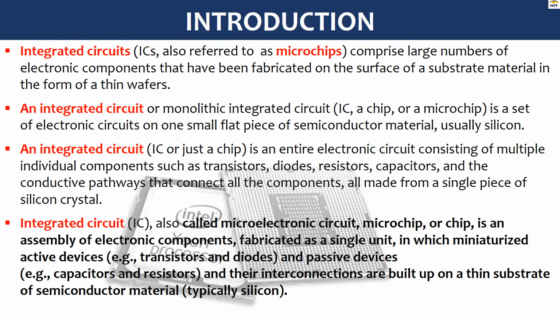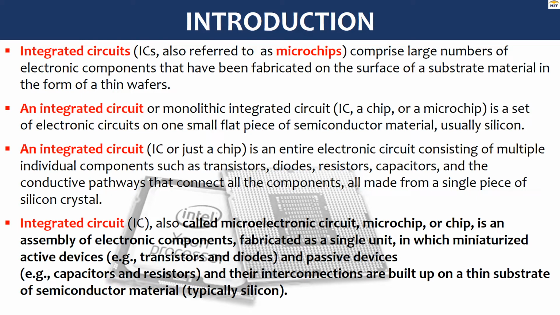What are microchips? These are integrated circuits, which comprise a large number of electronic components that have been fabricated on the surface of a substrate material, usually silicon, in the form of what are called thin wafers. There are several other definitions of what an IC is that you can find as you do your literature review.